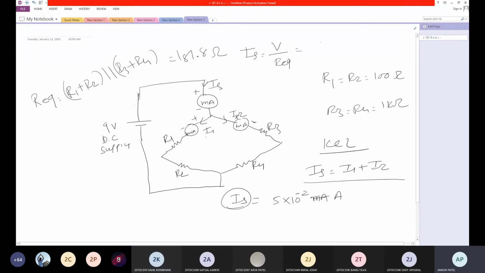V is given as 9 and this is your 181.8 ohm. So we get around 49.5 milliampere, or 50 milliampere. So this is your IS. How do we find I1 and I2 theoretically? Anyone?